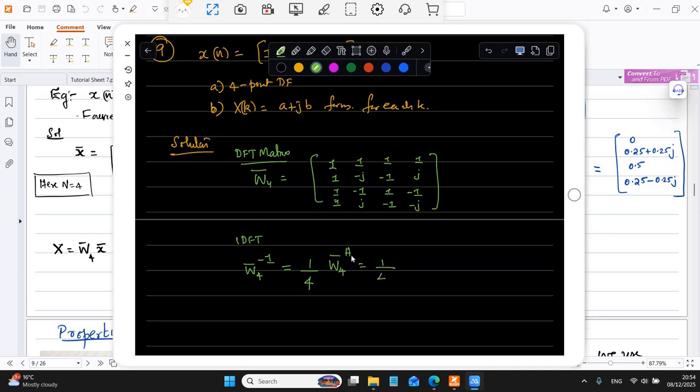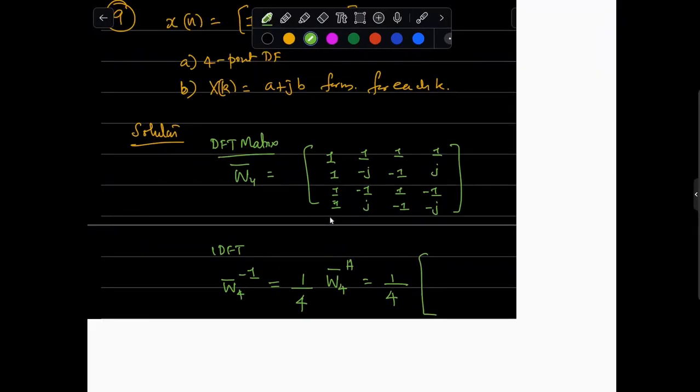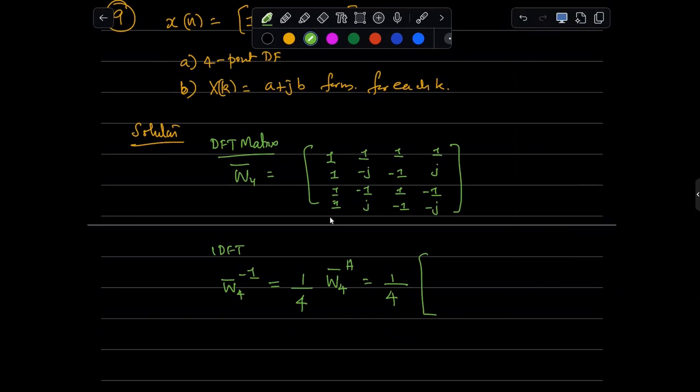I take the Hermitian transpose of the previous one: the rows will be written as columns, and each complex number will be replaced by its complex conjugate.